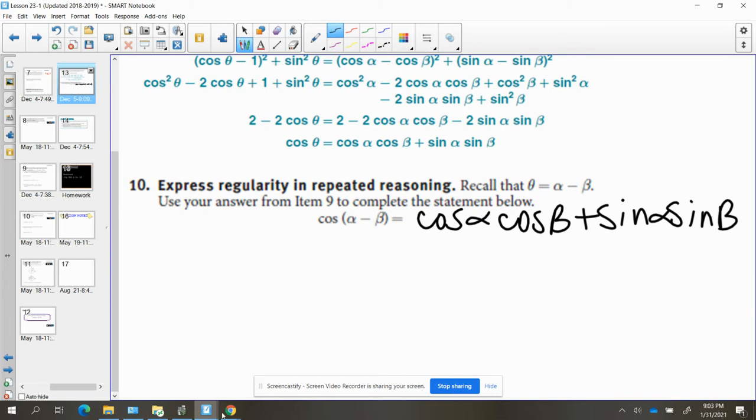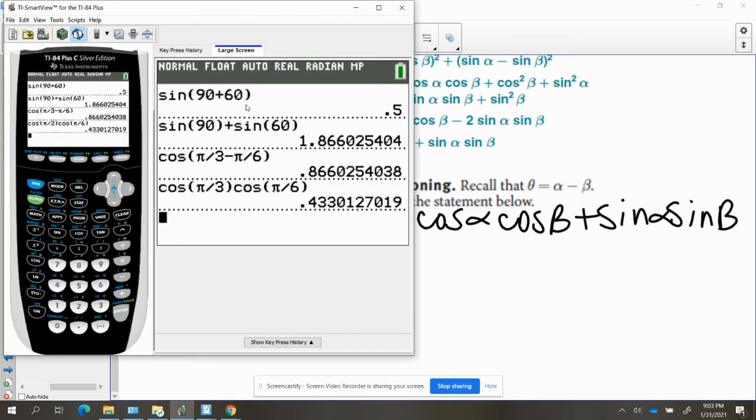Okay, so if we tested this out with the examples that we had before, if we did sine of 90 plus 60, we could say, okay, excuse me, we'll use the subtraction one because we're in radians.